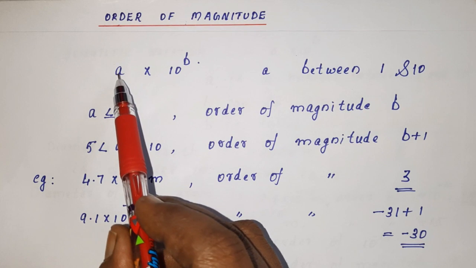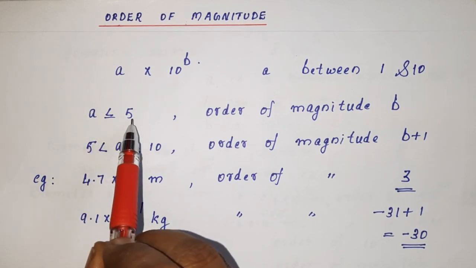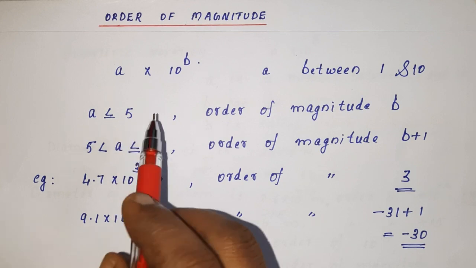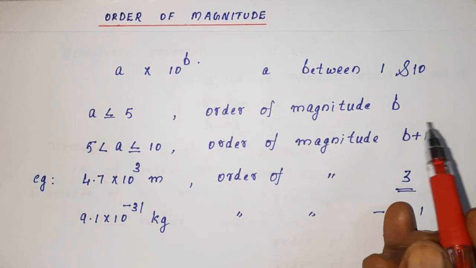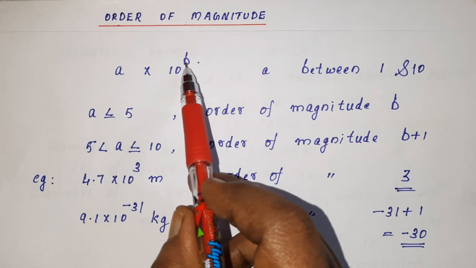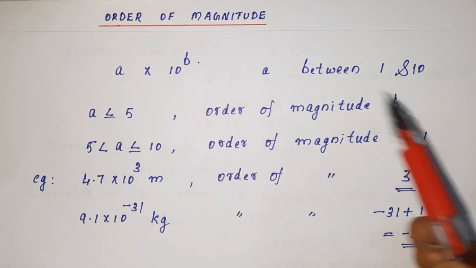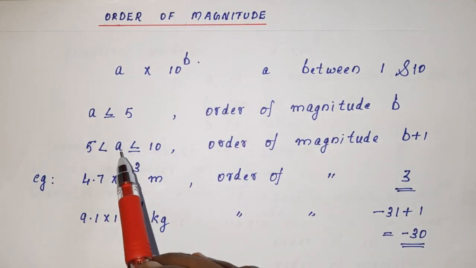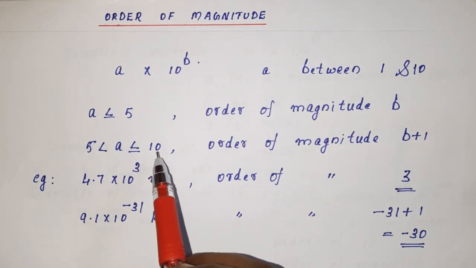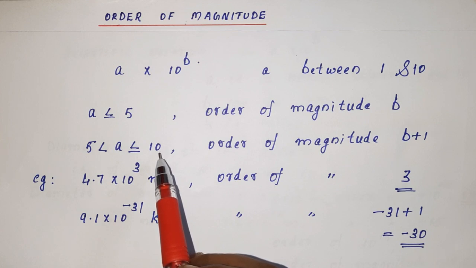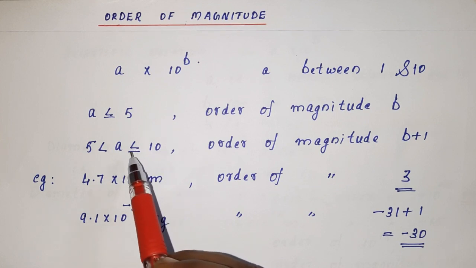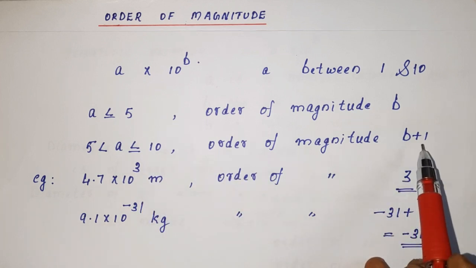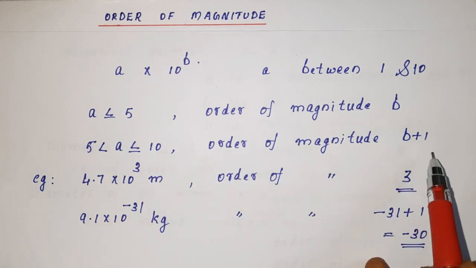If the value of a is less than or equal to 5, like 4.2, 3.6 etc., then the order of magnitude is this power of 10 itself. b itself is taken as the order of magnitude. If a is greater than 5 and less than or equal to 10, then the order of magnitude we have to take as b plus 1.